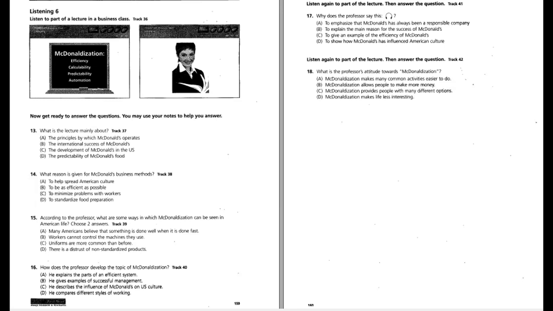Number 15. According to the professor, what are some ways in which McDonaldization can be seen in American life? Choose two answers. Number 16. How does the professor develop the topic of McDonaldization?